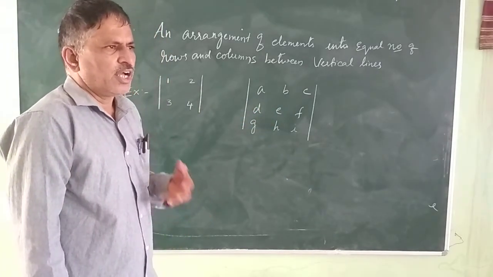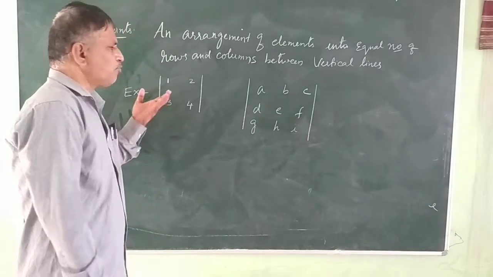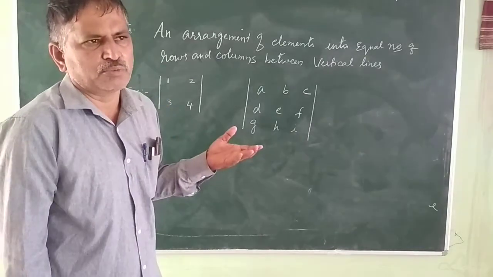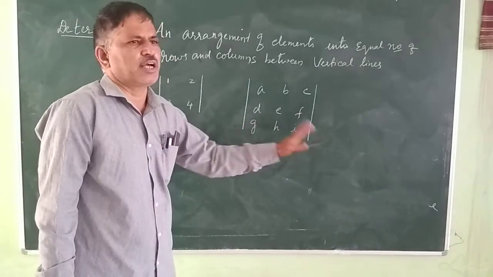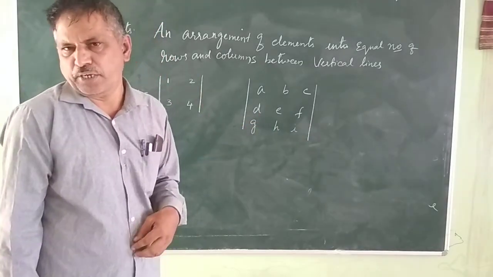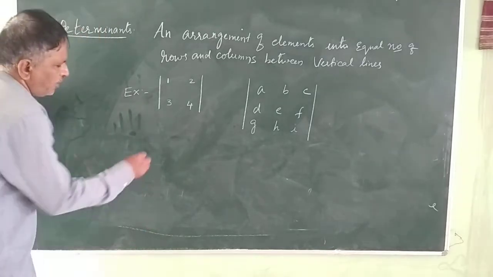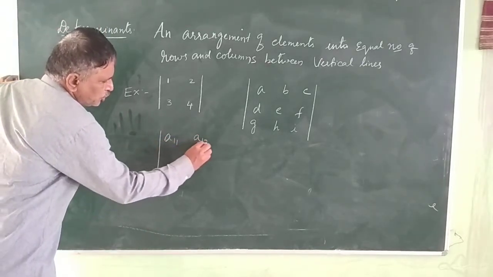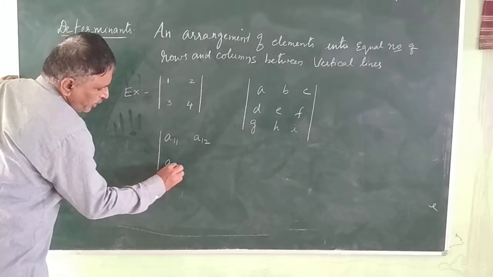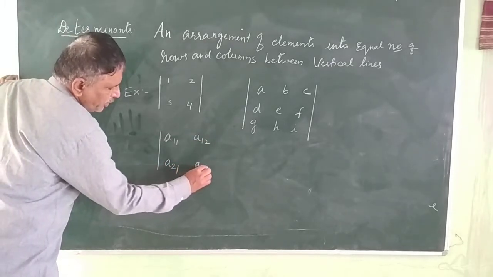So very clearly, determinant means the number of rows should be equal to the number of columns, and all those elements should be written within a vertical line. Few will write the determinant as A11, A12, A21, A22.